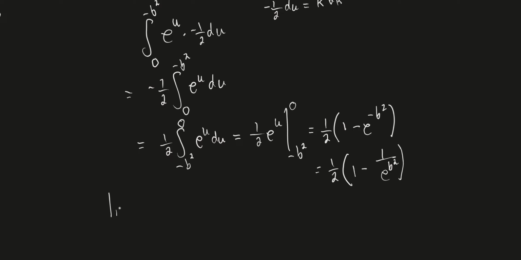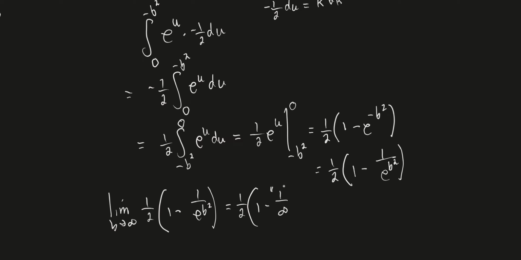Now we take the limit as b goes to infinity of our area function and see what happens. As b gets very, very large, this denominator gets very, very large. So what kind of form do we have here? What kind of crazy infinity form do we have? Well, not that crazy.